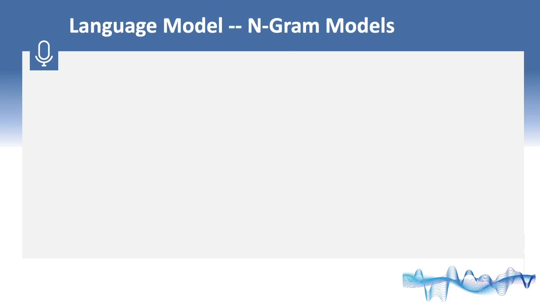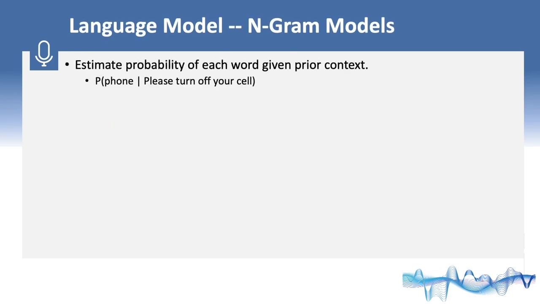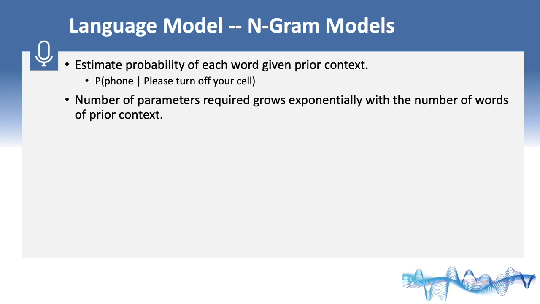Language model is used to estimate the probability of each word given prior context. The number of parameters required to compute the conditional probability grows exponentially with the number of words of prior context.